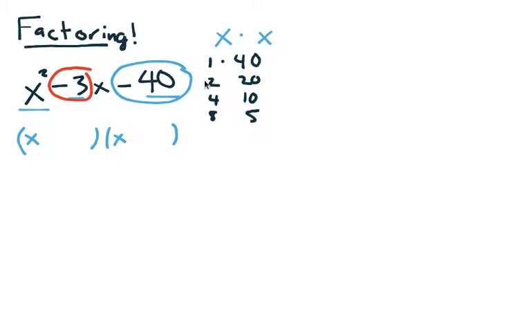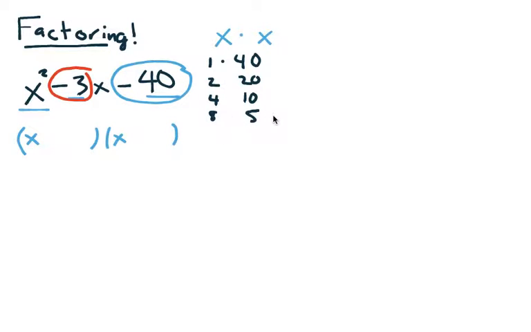And you can do pluses or minuses here too. So 1 times 40 is 40, but 1 minus 40, 1 plus 40, that's not going to get you 3. Same with 2 and 20. 2 minus 20, whatever, you're going to get negative 18, positive 22, negative 22. So that's not it. And 4 and 10, you'll get 6 or 14.